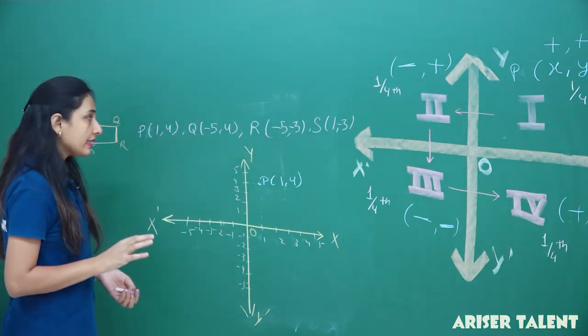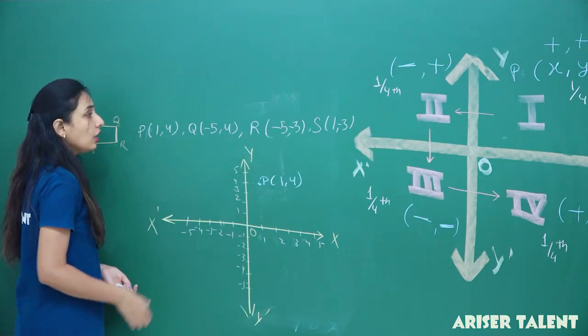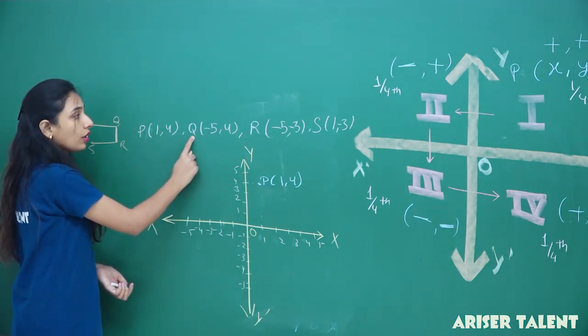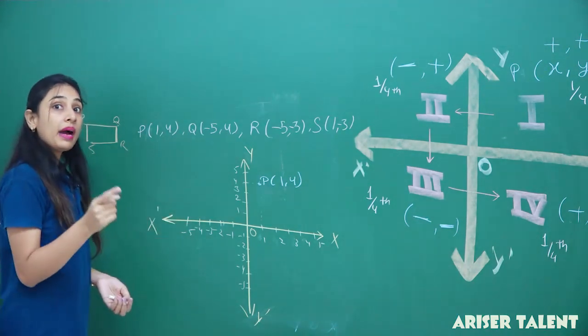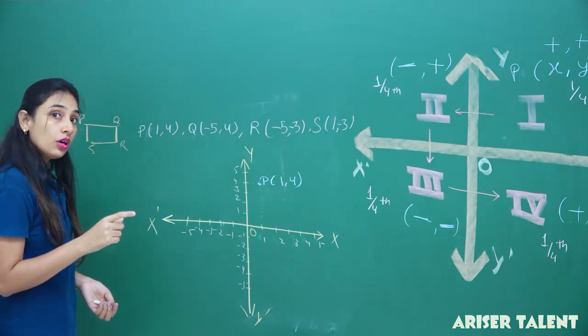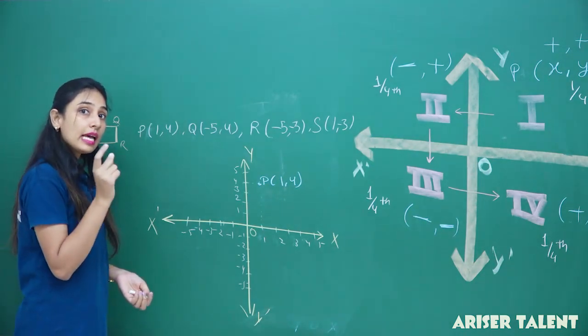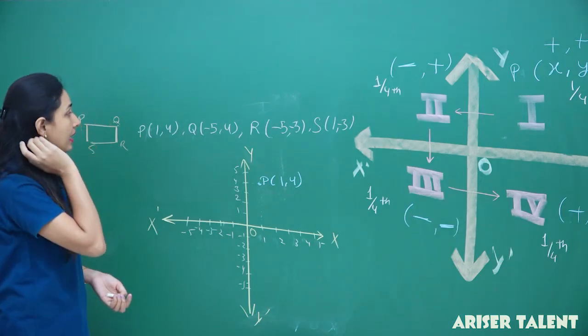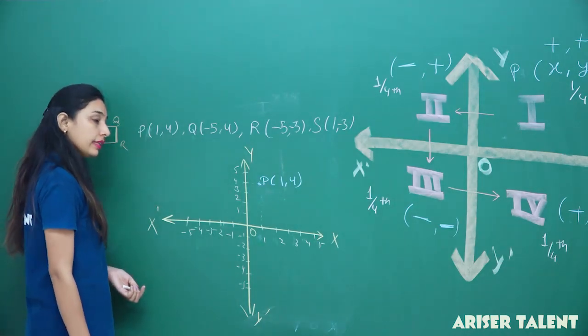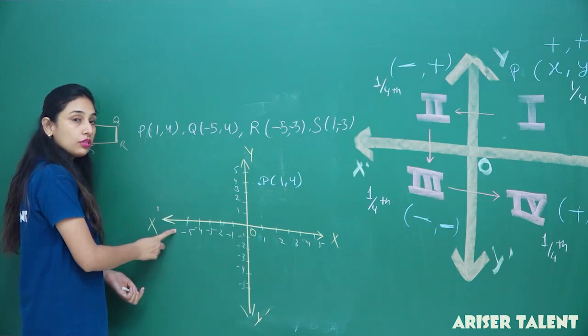We have to make a rectangle, but we have to find out the other locations also. Now Q is (-5, 4). So the negative is abscissa and the positive is ordinate. Negative abscissa is here, positive ordinate is here.